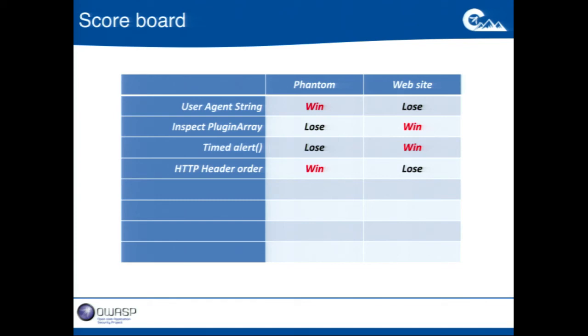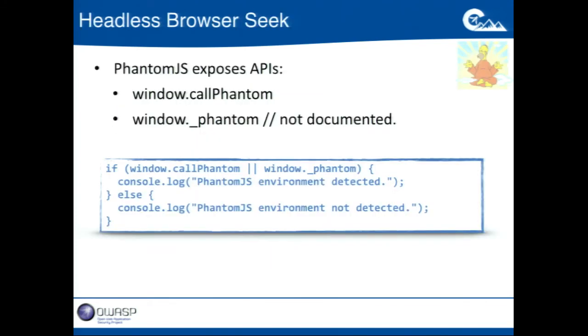Yeah, as I mentioned, Phantom is adding these two properties to the window object of the web page's JavaScript context. So checking for the presence of those properties is a clear indication that my JavaScript is running in PhantomJS's JavaScript context, right? Mm-hmm. Yeah, this is new functionality Phantom provided to the web page.